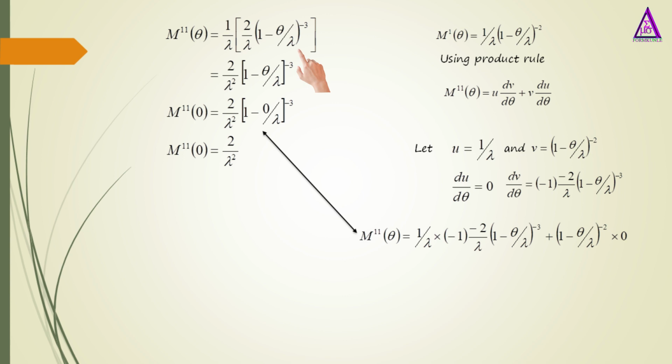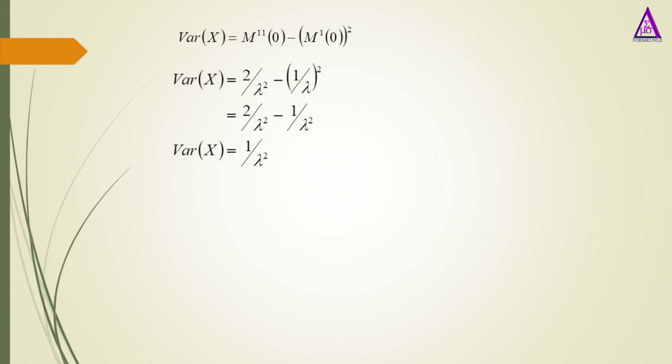When we differentiate the moment generating function of the exponential distribution twice, and we set θ to 0, we have 2 divided by λ squared. So the variance of the exponential distribution using the moment generating function method is equal to 1 divided by λ squared.